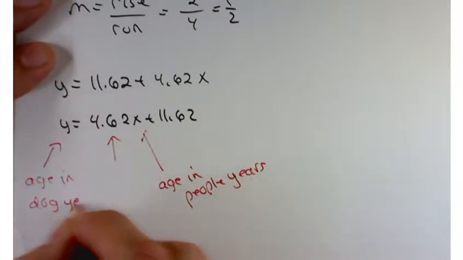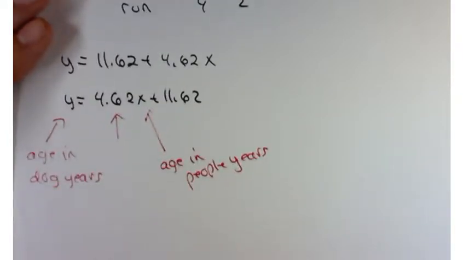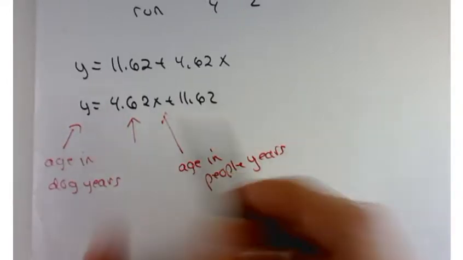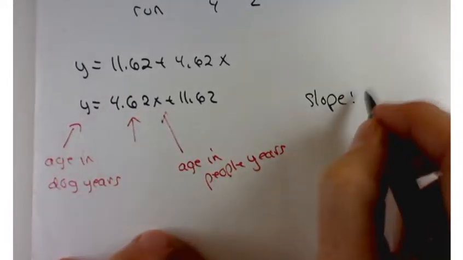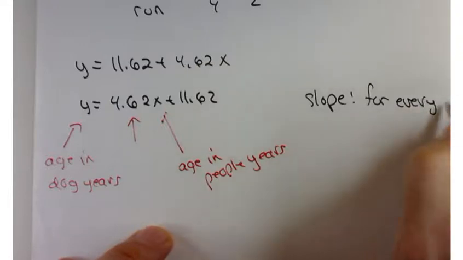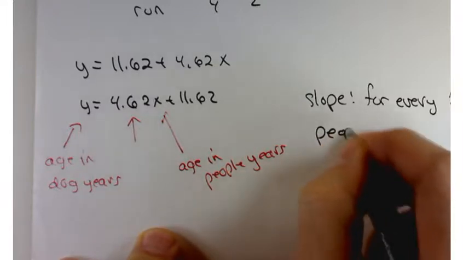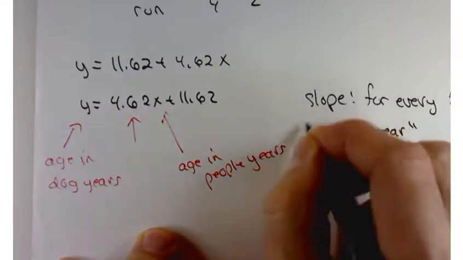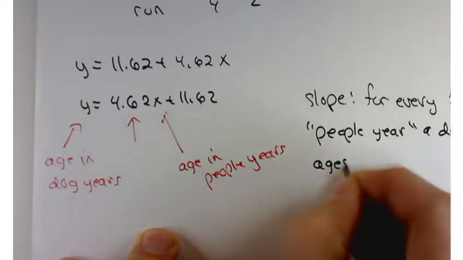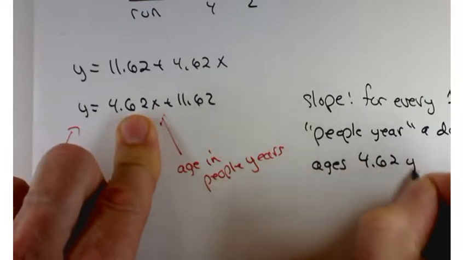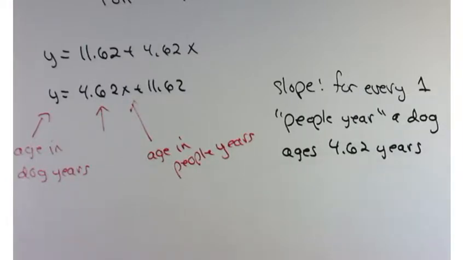Let's see what this regression line is telling us about that relationship. What the slope is saying is that for every 1 people year, how much does a dog age? So for every additional person year, a dog ages another 4.62 years in dog years.